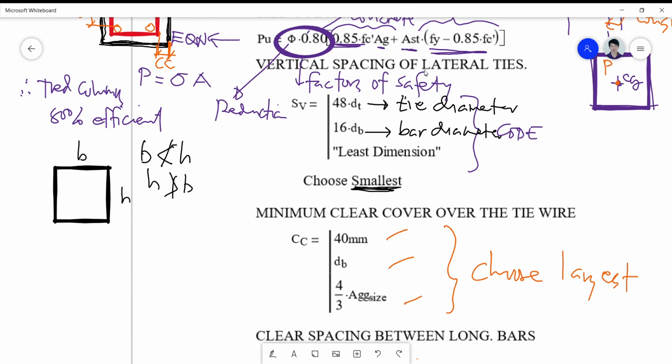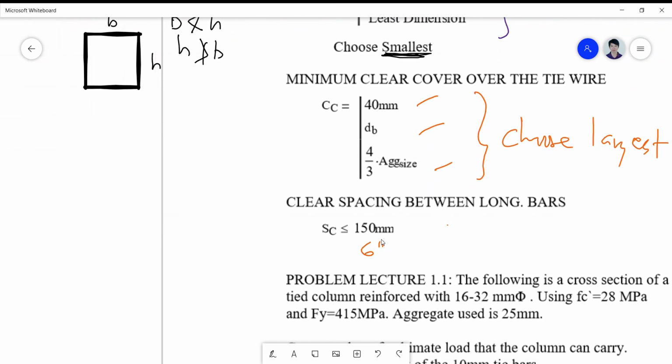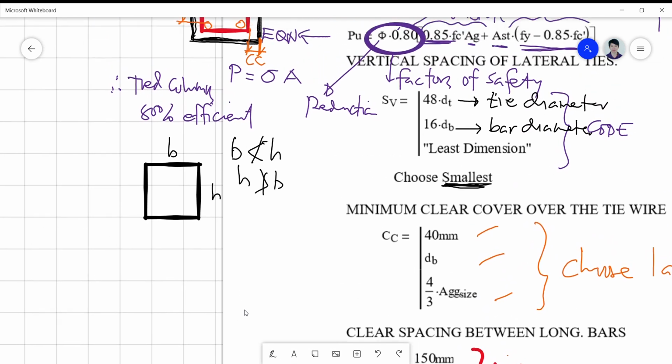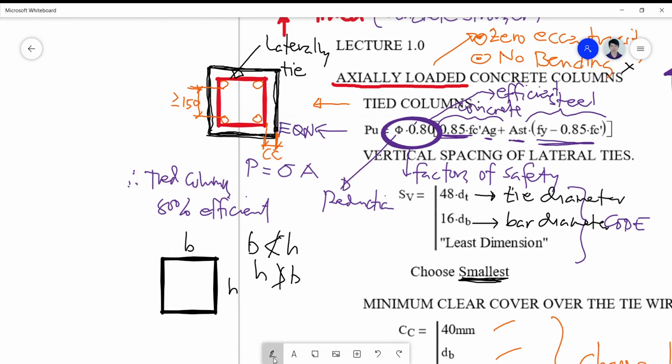So the vertical spacing of lateral ties. So this is now the clear spacing between the longitudinal bars. So this is actually less than or equal. So this is checked. And therefore, this is not a minimum requirement, but this is a maximum requirement. Okay, so let's check our note here. So this must be less than or equal.